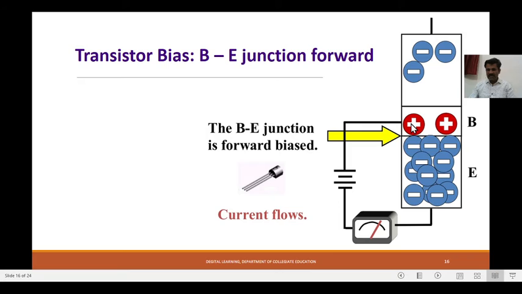Let's see the other junction getting forward biased. Under forward biasing, this is a battery and this is the positive region of a junction. The positive region is connected to the positive of the battery, and the negative region is connected to the negative of the battery. Because of negative and negative, there is a repulsion between these two.